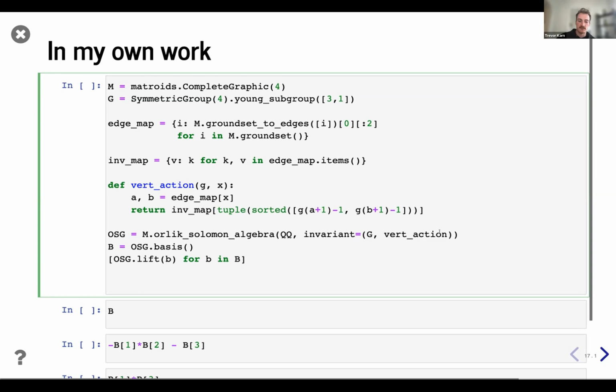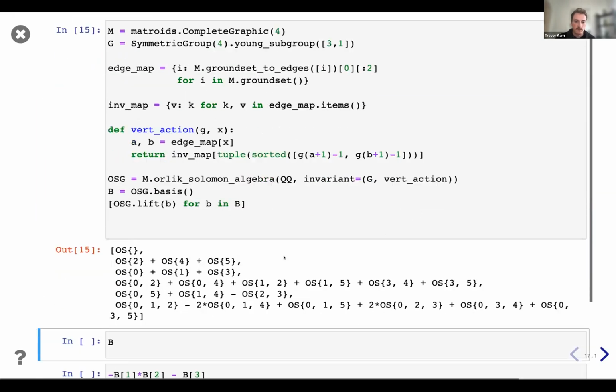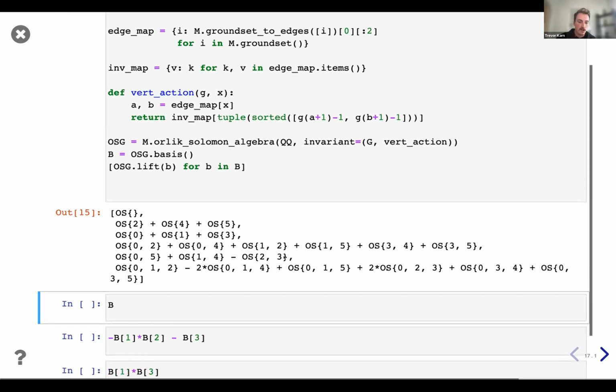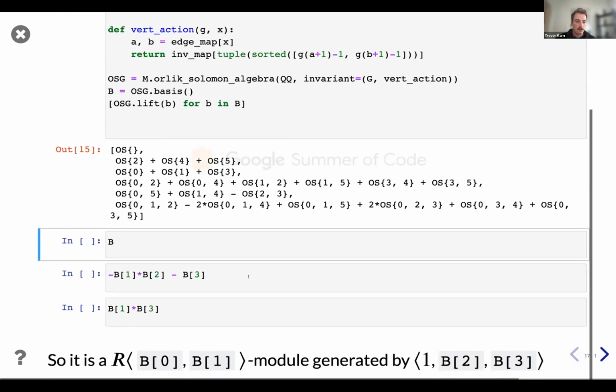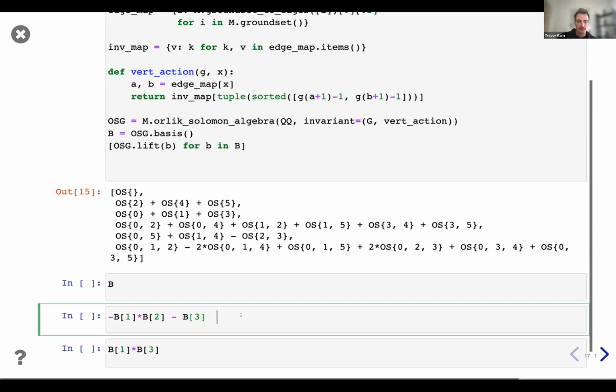Okay, and I can get a basis for it. Okay, and great, now I have a basis. I can also play with it and do some computations in my easier to use index set, right?